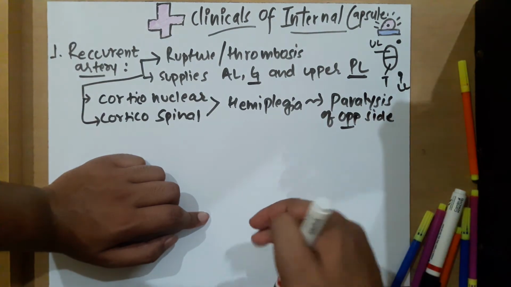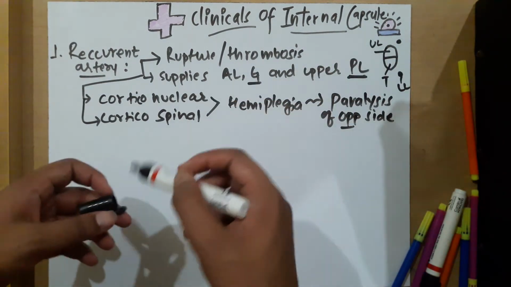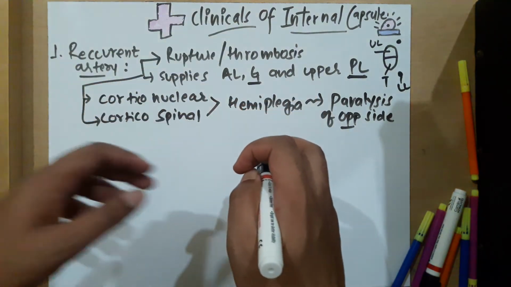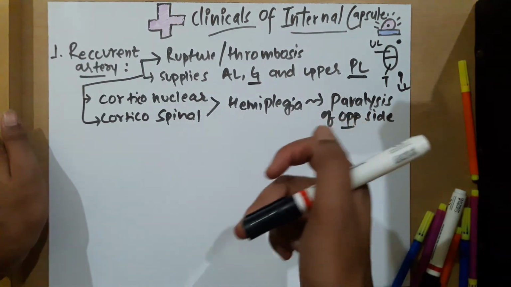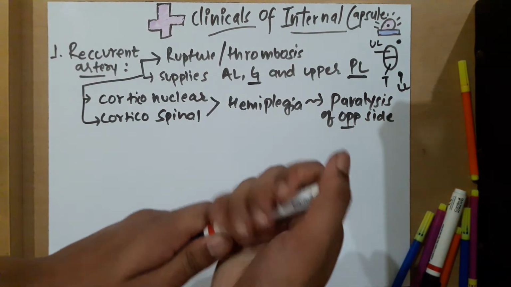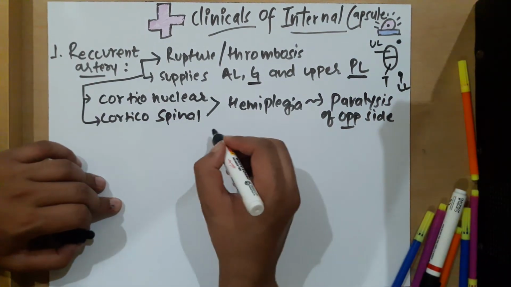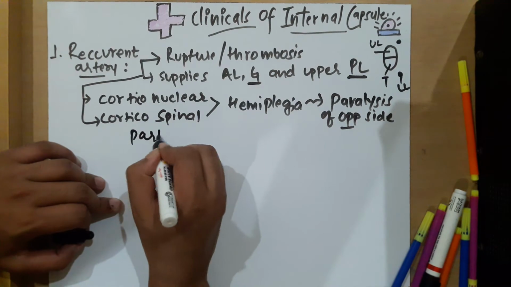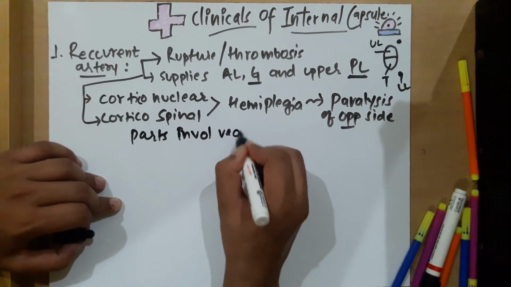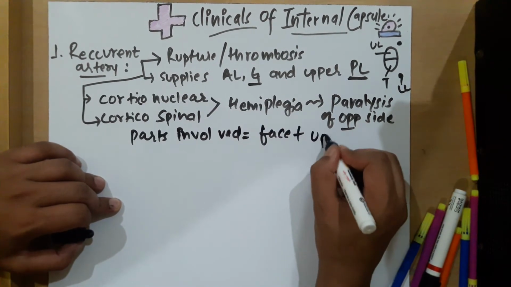The head and neck. Corticonuclear is supplying the head and neck. So the parts involved are the face and upper limb.